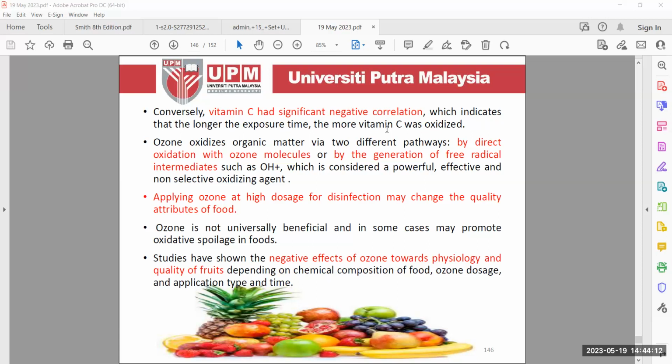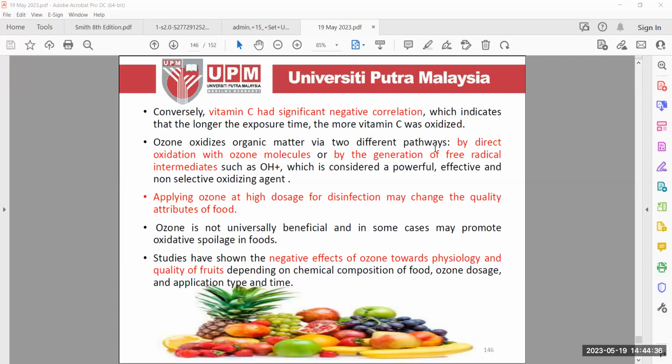When we want to export longan, we want to retain or prolong the shelf life. So instead of using sulfur dioxide, we use ozone to prolong the shelf life. And the result was very good, because the longan skin colour was brighter, more beautiful, and more appealing to consumers.